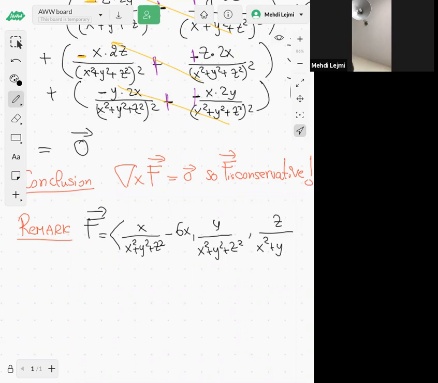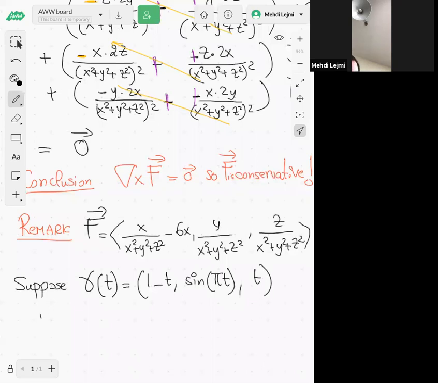Okay. Now, let's say you have some path gamma. Gamma of t, let's say, is 1 minus t, sine of pi t, and the last component is t, with t in the interval 0, 1.